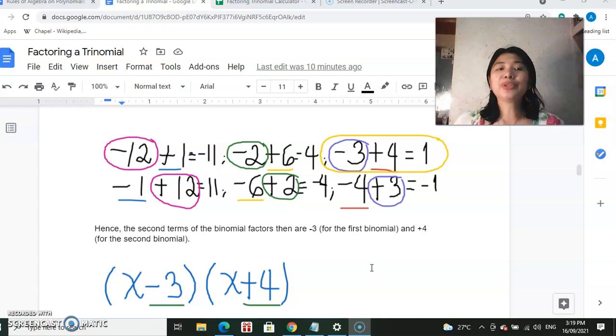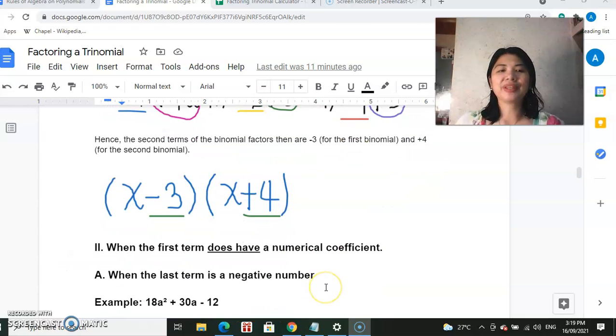So this one in yellow is the successful trial. Hence, the second terms of the binomial factors are negative 3 for the first binomial, so we have x minus 3, and positive 4 for the second binomial, x plus 4.